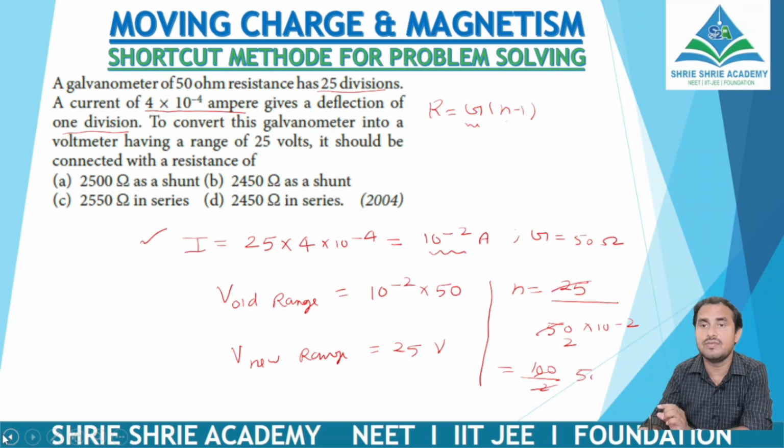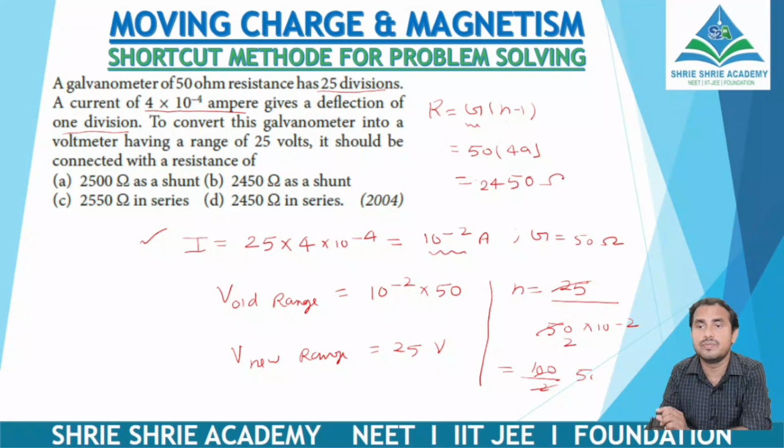Then the galvanometer resistance is 50 and this is N minus 1, which is 49. Then you multiply here and get 2450, that is in series connection.